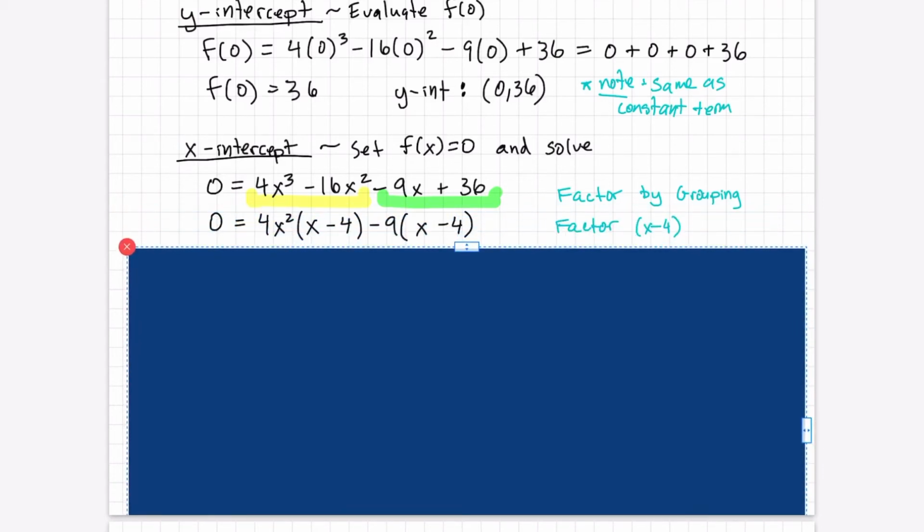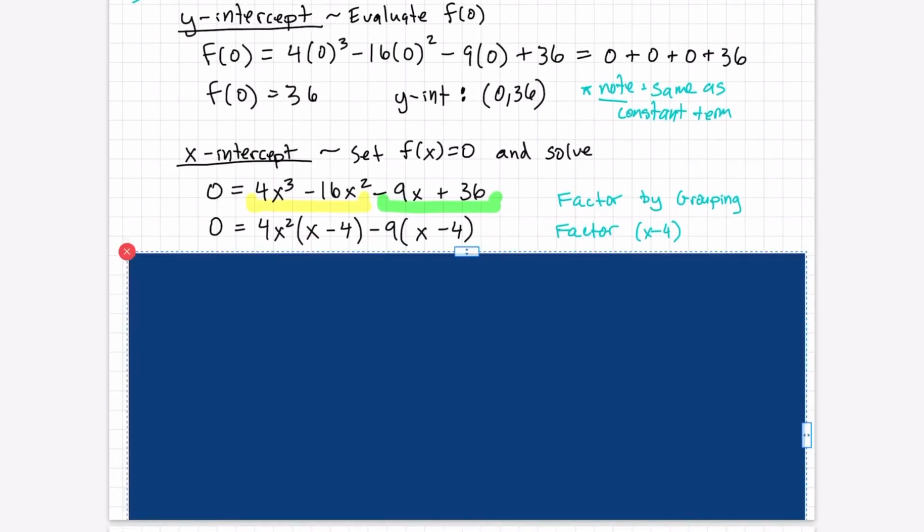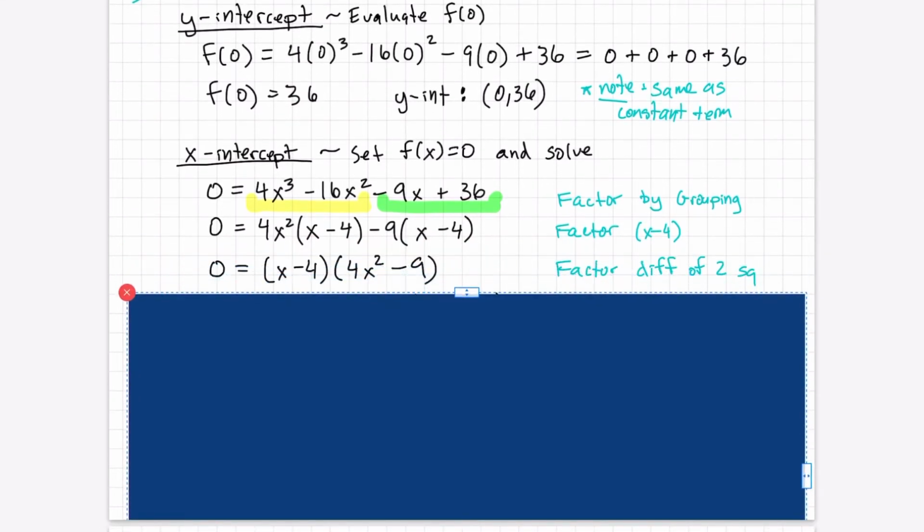And I can get a 4x squared out of the first 2, and then a minus 9 out of the second 2. Make sure we change that second sign. And then I notice that x minus 4 is the same in both of my terms, so I can factor out another x minus 4. And when I factor out that other x minus 4, I have x minus 4 times 4x squared minus 9.